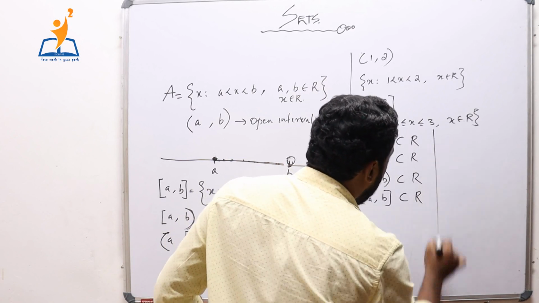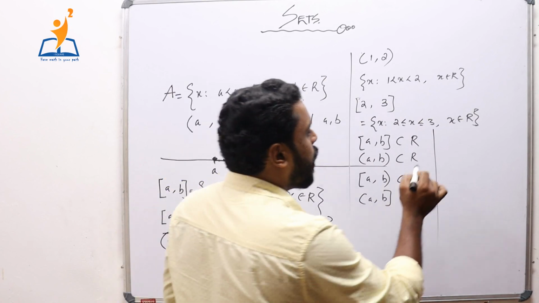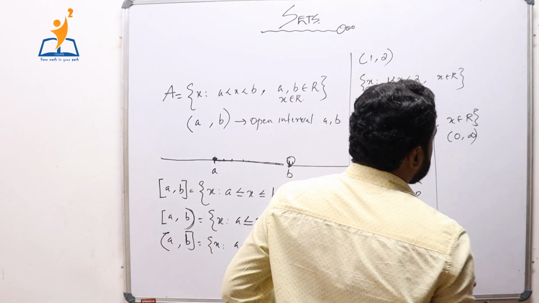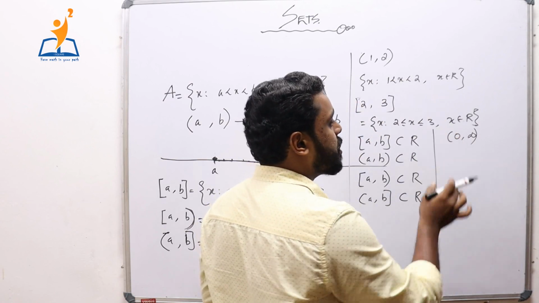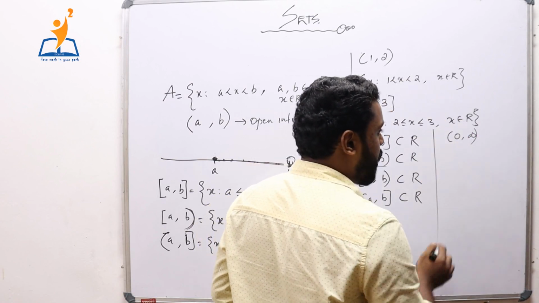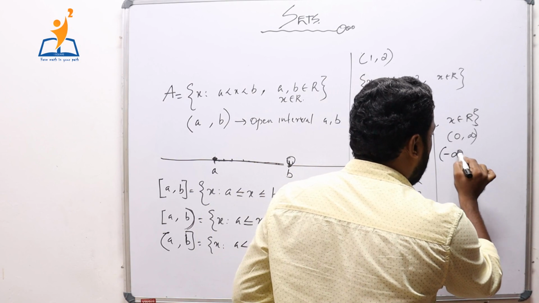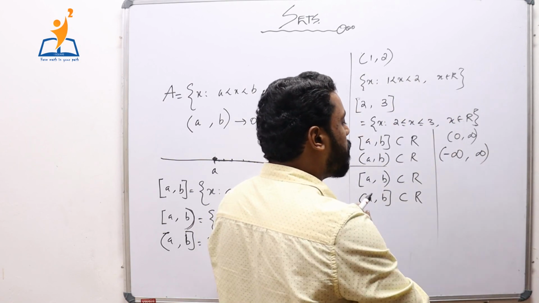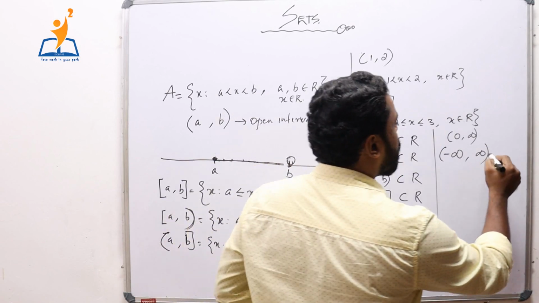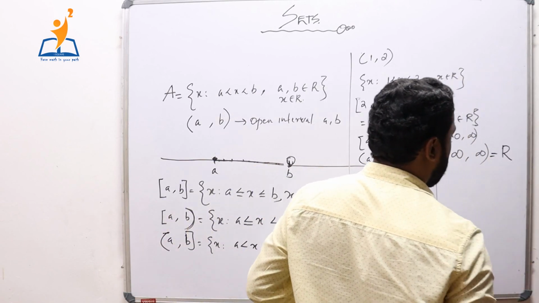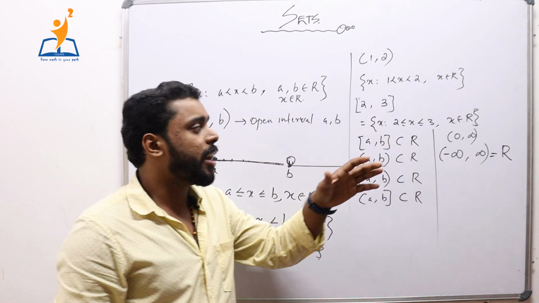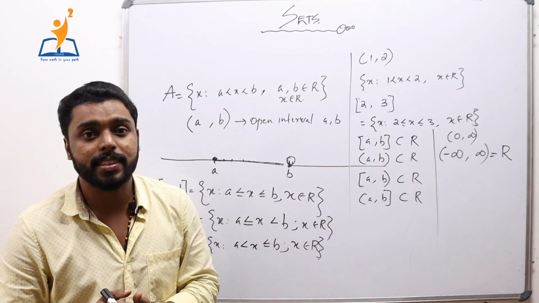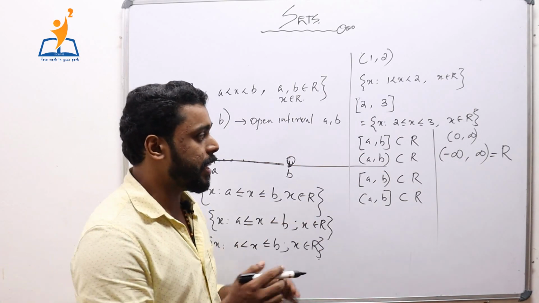Similarly, we can use the notation (0, infinity), which means all the real numbers in between 0 and infinity. Now, we can use the notation (minus infinity, infinity), which means all the real numbers in the entire number line, which is the same as the set of all real numbers. In such a manner, we can use the notation of intervals in order to notate various types of sets.